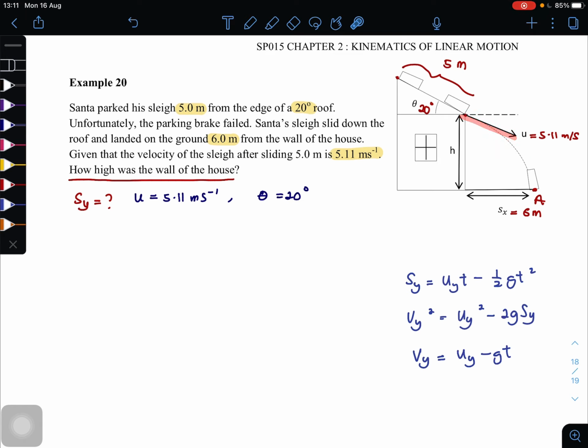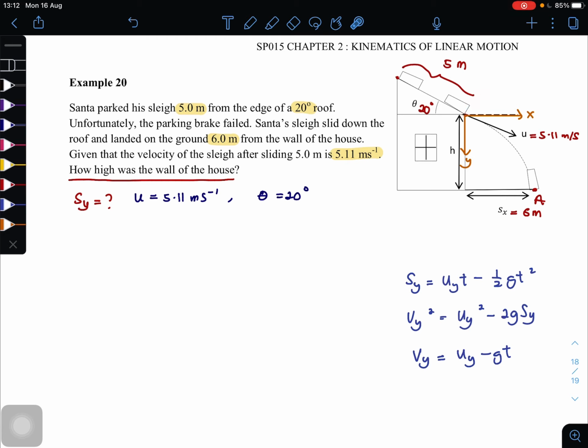So we need to resolve into the X component, which is here. So the Y component will be downwards. Okay, if U is here, then this will be X and this will be Y.